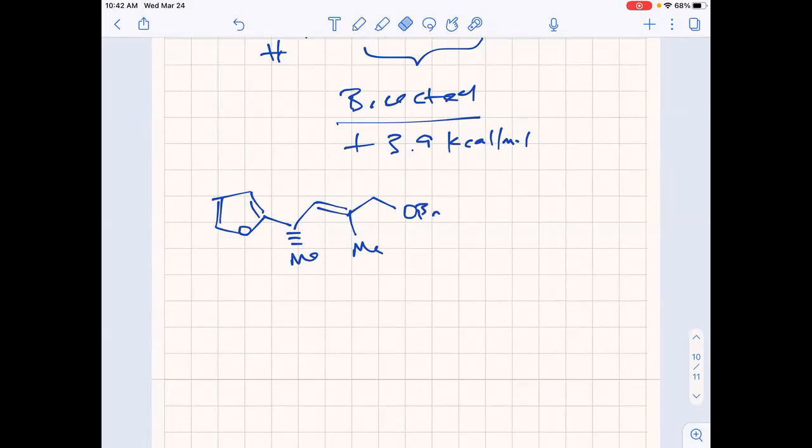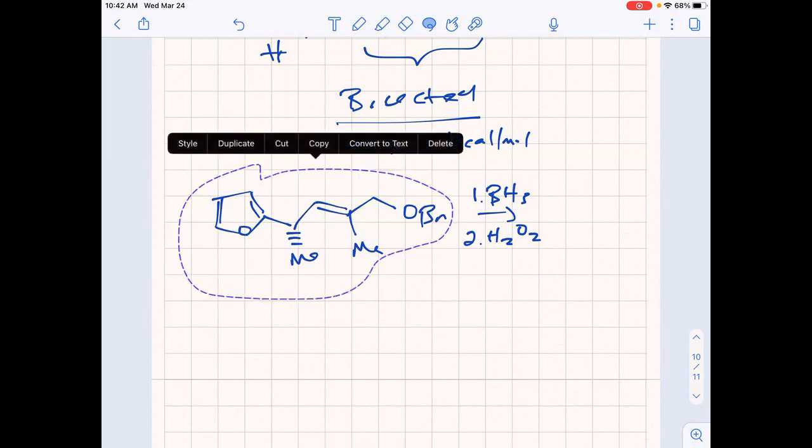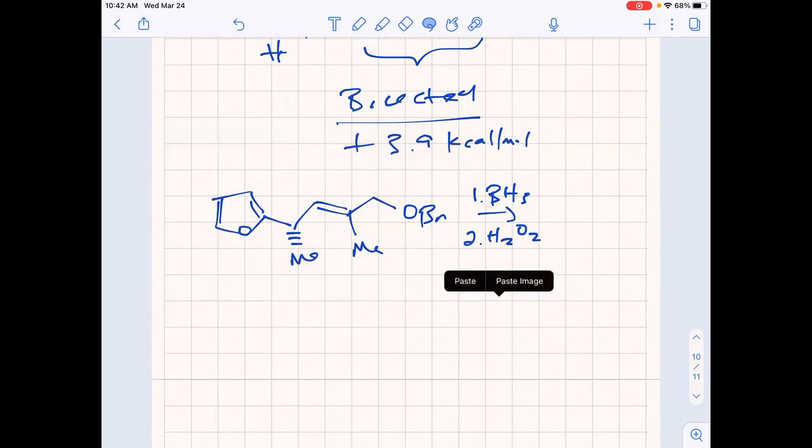All right, so this is my substrate, and then if I treat that with BH3 and then follow it up with hydrogen peroxide, right? It's going to give me a hydroboration oxidation product. So I'm just going to copy this right quick. That's the benefit of working virtually.